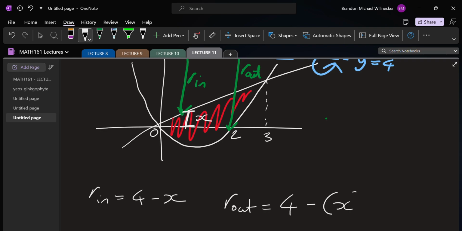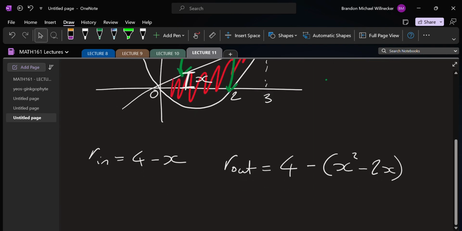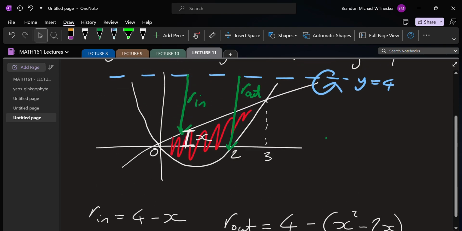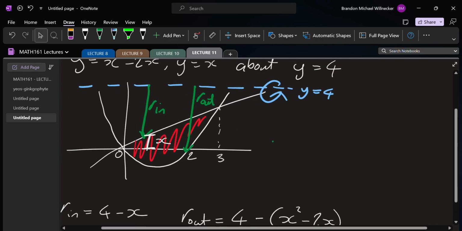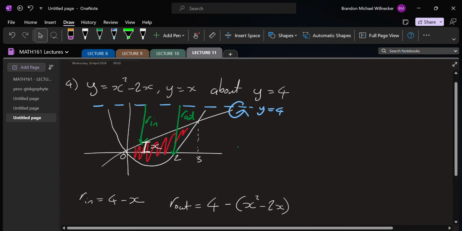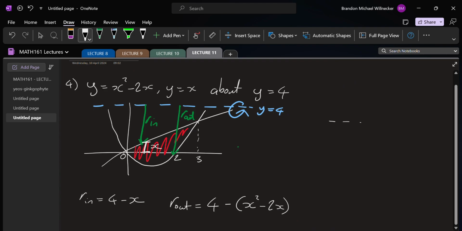So r out is 4 minus x squared minus 2x. Everyone see that? Now remember, this is just r in and r out. We still need to square it when we do the integral.